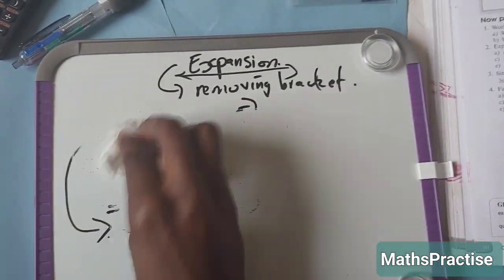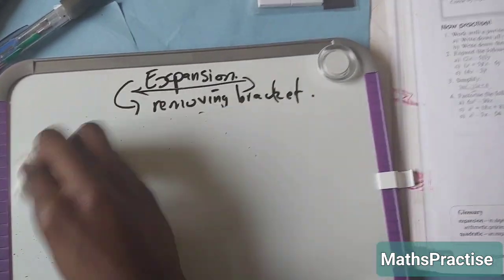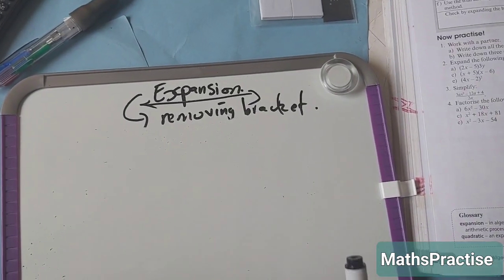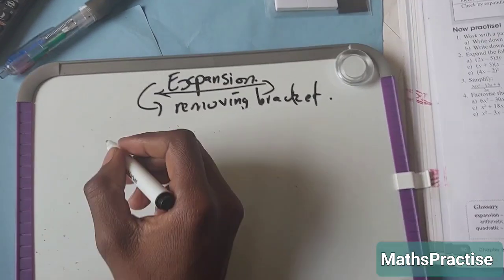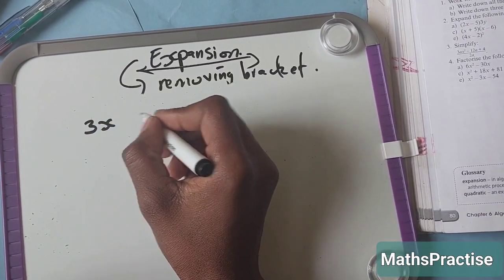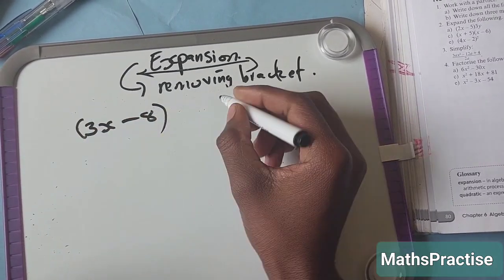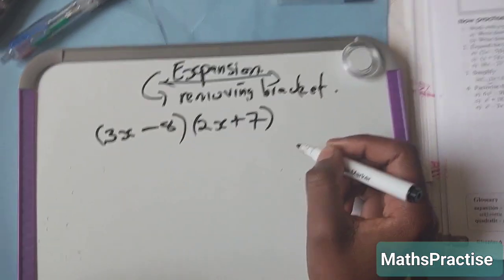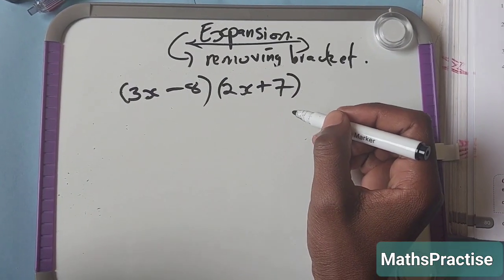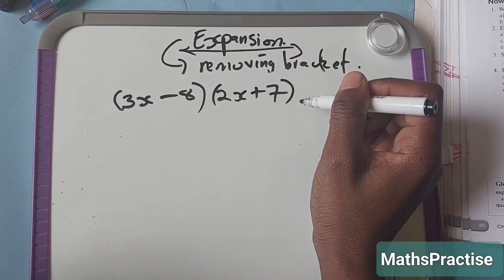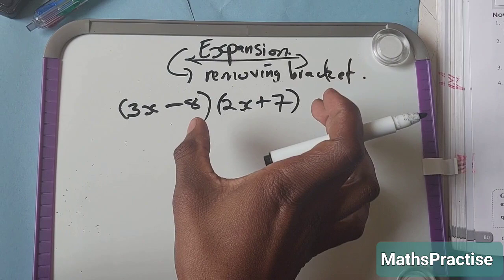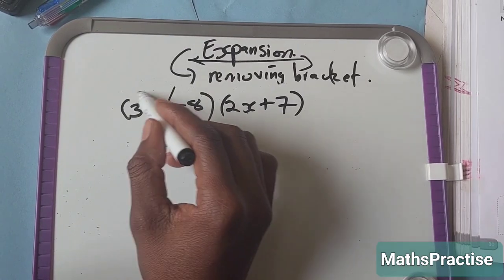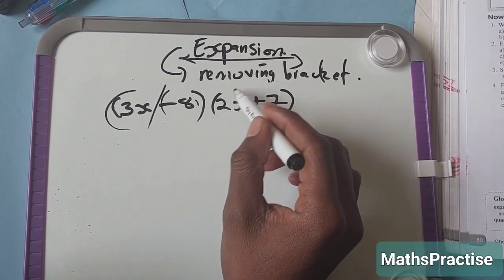But then there comes another example when you are given two brackets. For instance, you'll be given 3x minus 8 bracket 2x plus 7, and you're asked to expand this algebra. What you basically have to know is you have to choose one bracket that you are going to break down and multiply each of its parts into the other bracket.